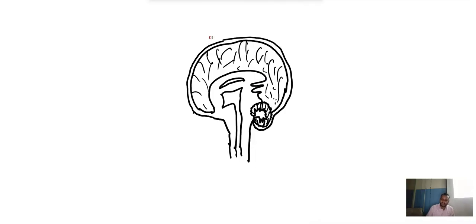Let me take the eraser. Okay. Again, draw an outer cover. Draw an outer cover and connect to this.